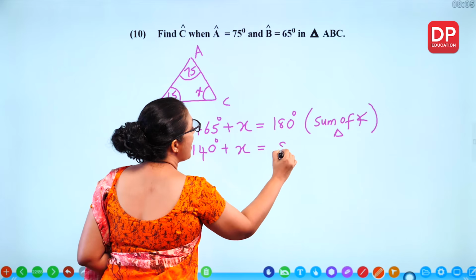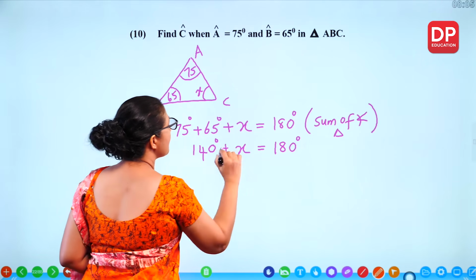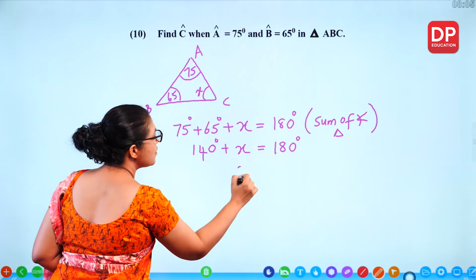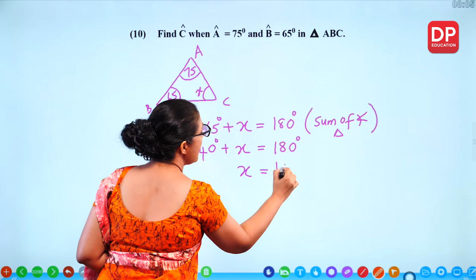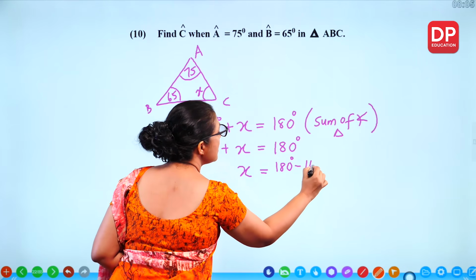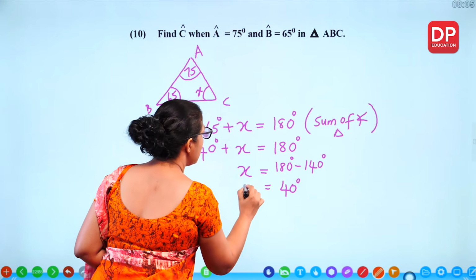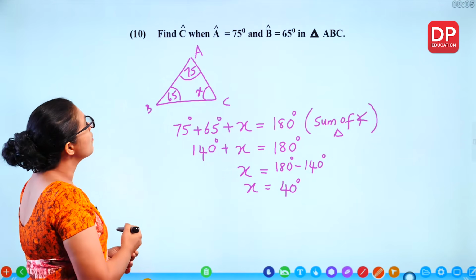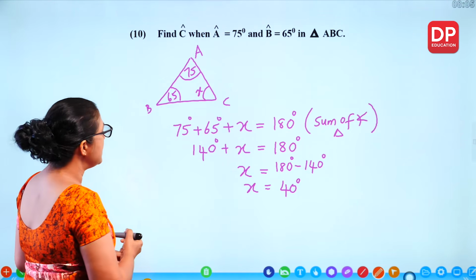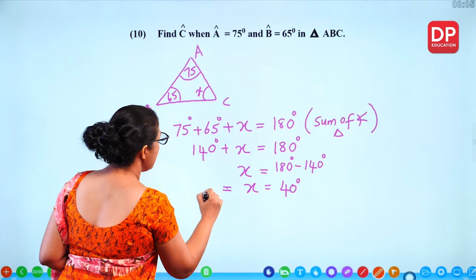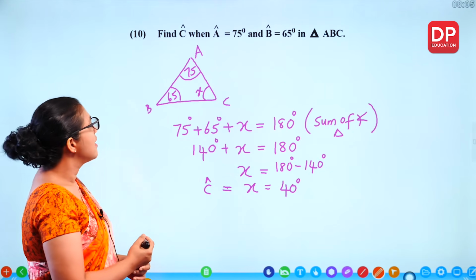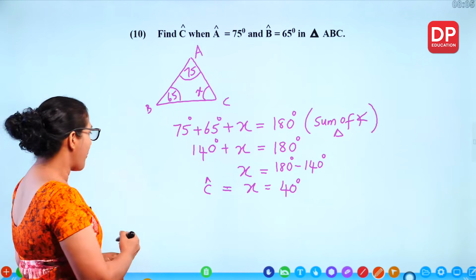When you subtract 140 from both sides, you get x equals 180 minus 140. That's 40 degrees. So x equals 40 degrees. That means the angle C is 40 degrees.